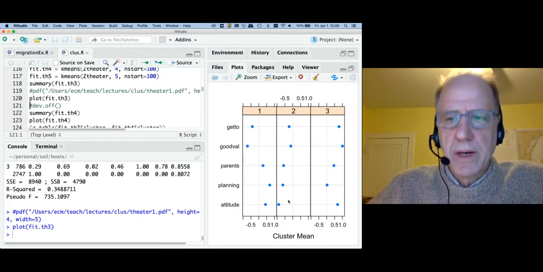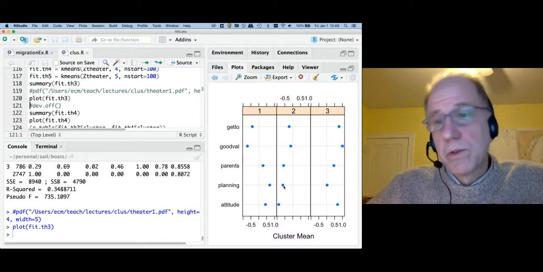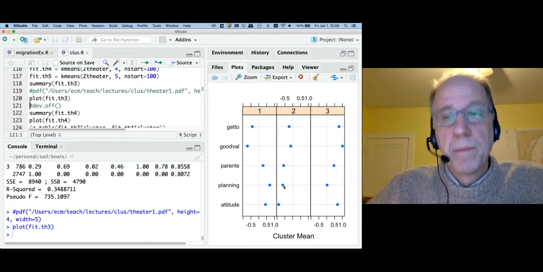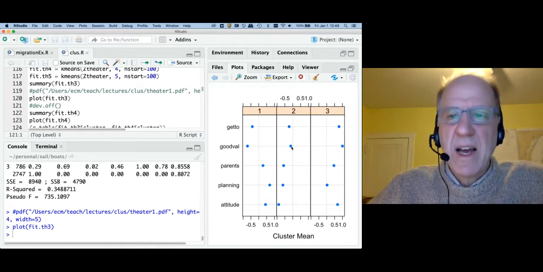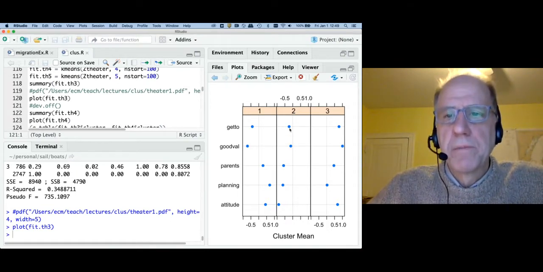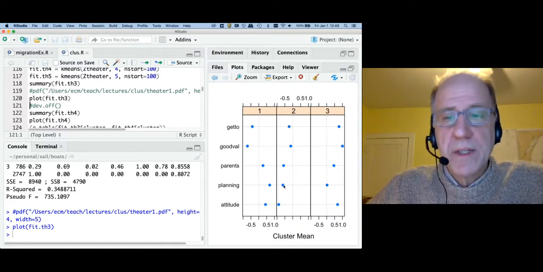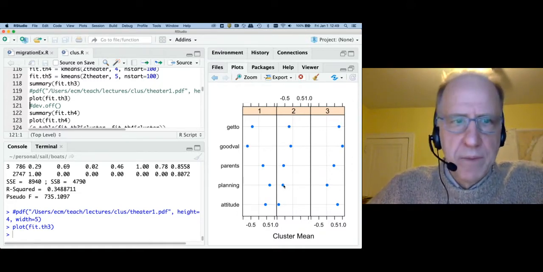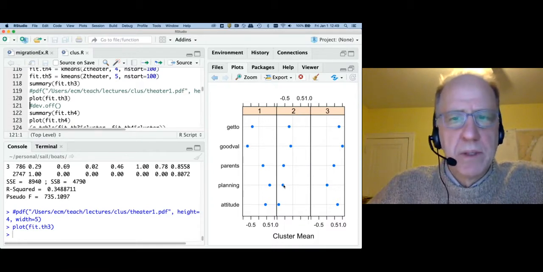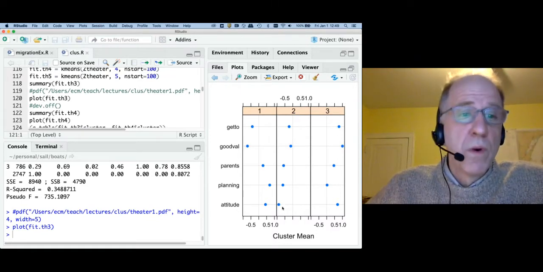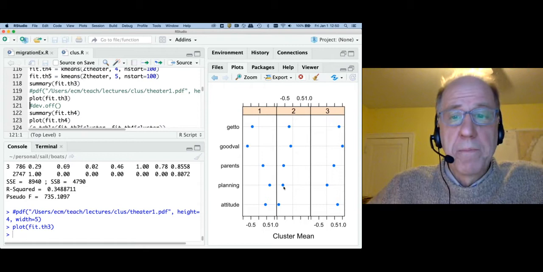Cluster 2, on the other hand, has a very poor attitude. Strangely enough, this group doesn't have any problem with planning. Their parents did not go, kind of average on perceived value, a little bit negative on getting there. I'm not quite sure what to make of the planning mean. There are 2 possibilities. This group has such a negative attitude towards theater and therefore doesn't have an informed opinion on planning.